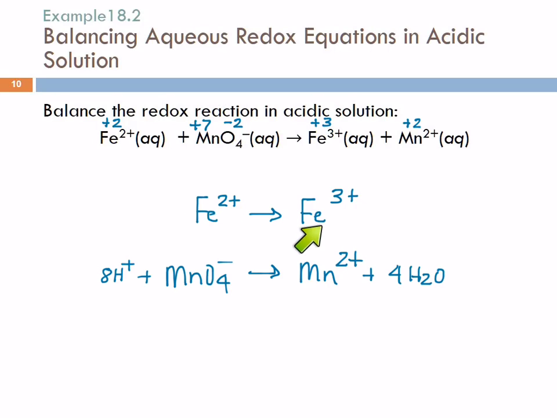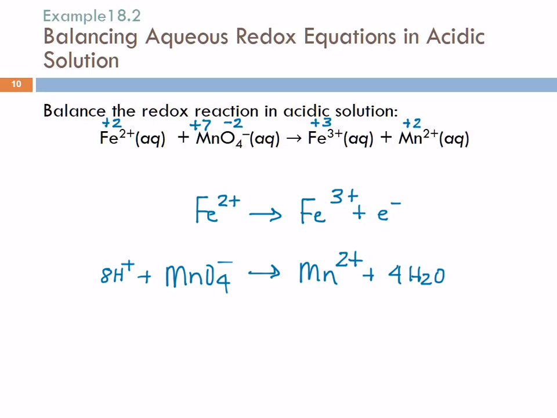So here we've got +2 and +3. Well, we need to add an electron over here, right? If we add 1 electron as a product, now we've got a total +2 charge and +2, and we're good. Down here, manganese 2+ on this side, and what's the total charge on this side? +7.